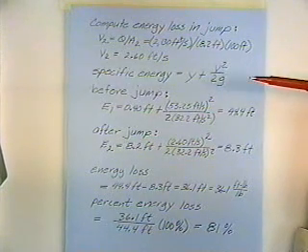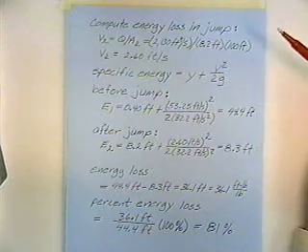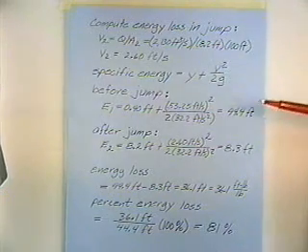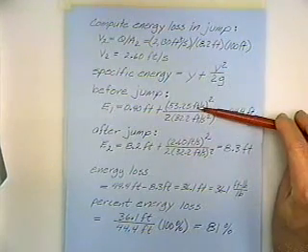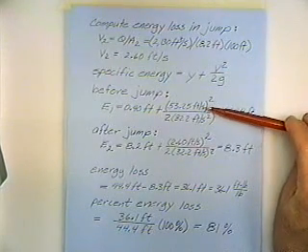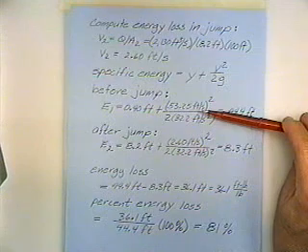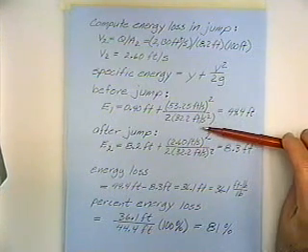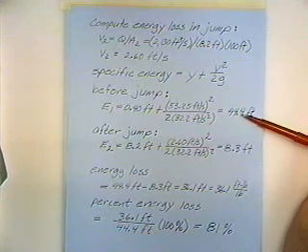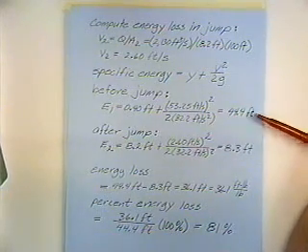The elevation head's the same upstream and downstream, so we'll just leave it out. And so before the jump, the depth is 0.4 feet. The velocity is 52.25 feet per second, a tremendously high velocity. The water's really barreling off of that chute, divided by 2G, so we get energy upstream of 44.4 feet.